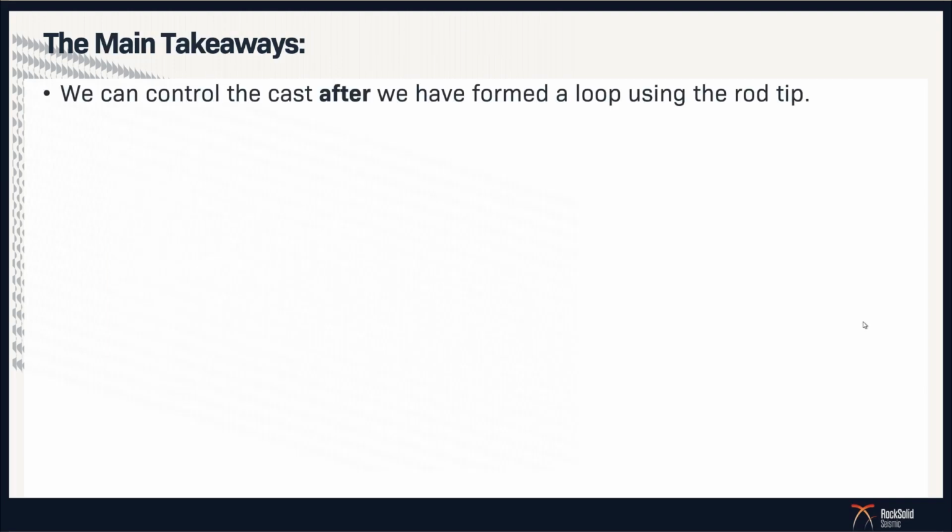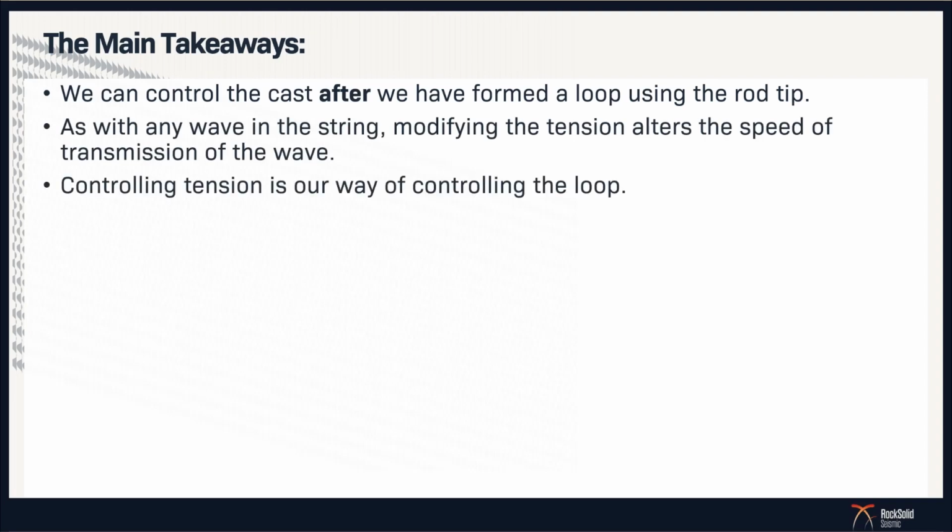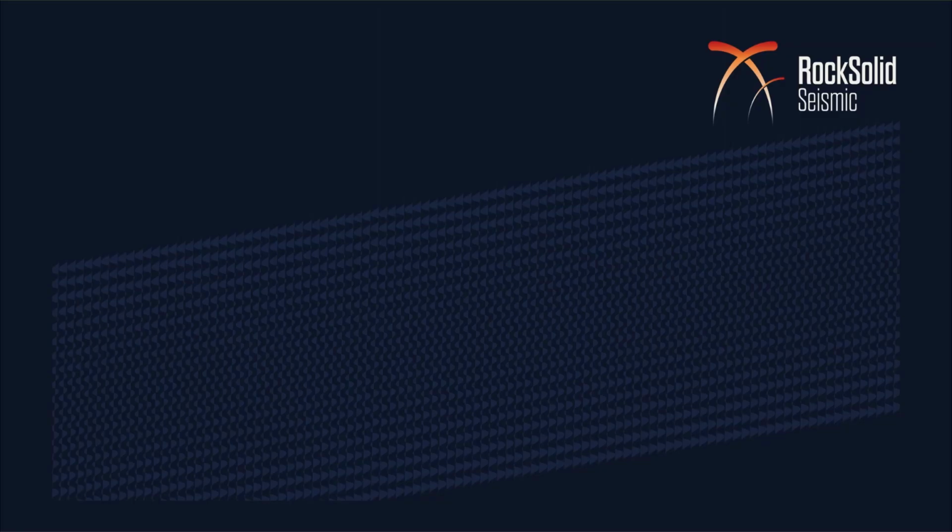So we can control the cast after we've formed the loop using the rod tip. As with any wave in the line, modifying tension alters the speed of transmission of that wave. Controlling our tension is our way of controlling the loop. Less tension equals less control. No tension equals no cast.